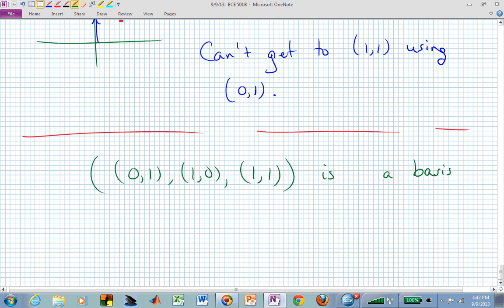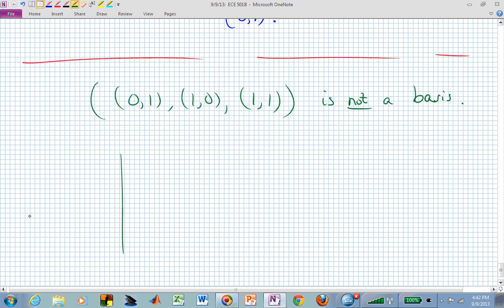Guess you can tell by my spacing. Left myself enough room to put the not in there. Why is this not a basis? I have this guy, I have this guy, and I also have that guy.